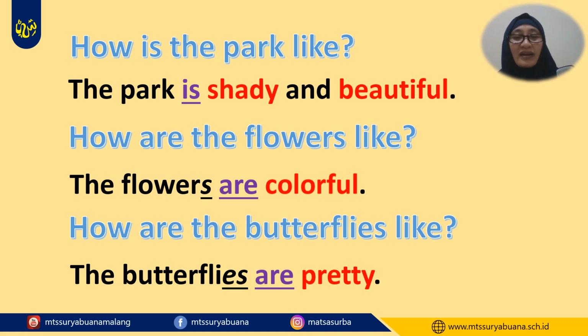The park is shady and beautiful. So, shady and beautiful explain about the park. Colorful explains the flowers. Pretty explains the butterflies. And please remember the use of is and are here.